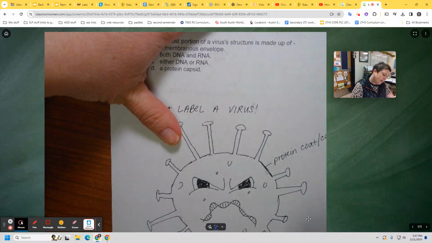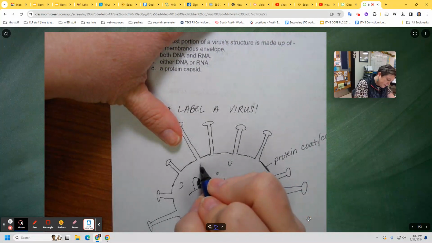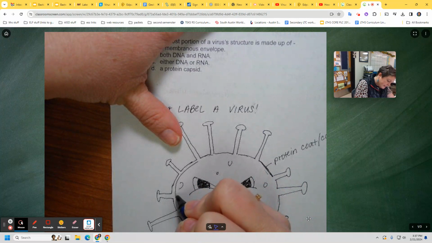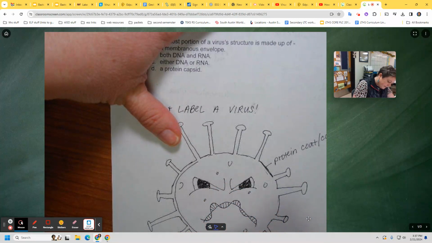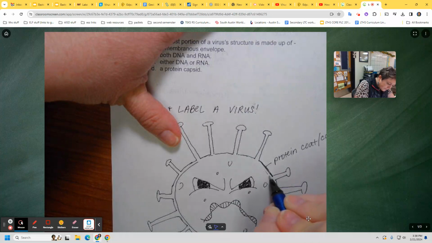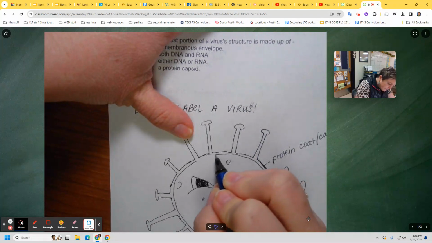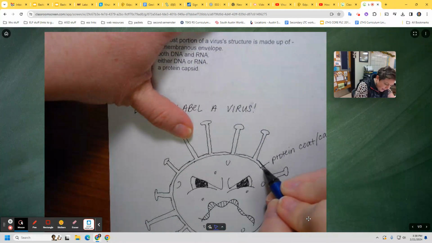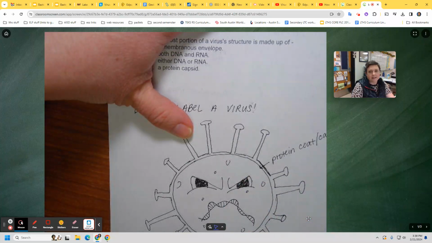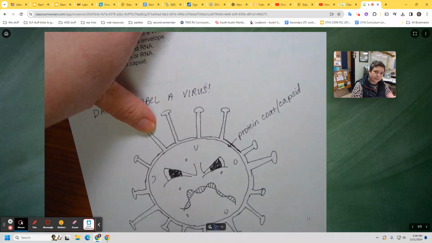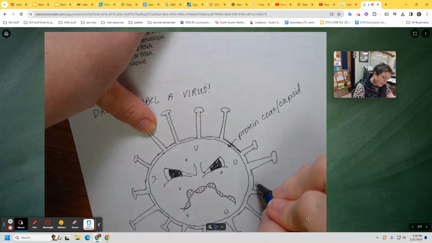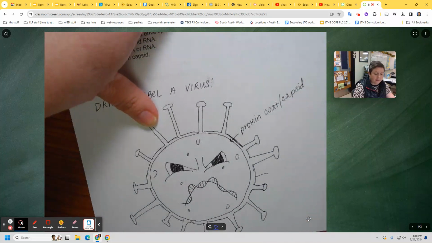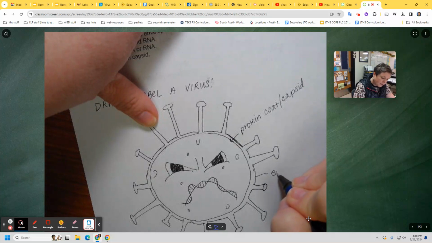I think that maybe the protein coat would be inside here. Why don't we do that? So now we're pointing to this line inside. That's the protein coat, the capsid. This on the outside then would be the envelope.